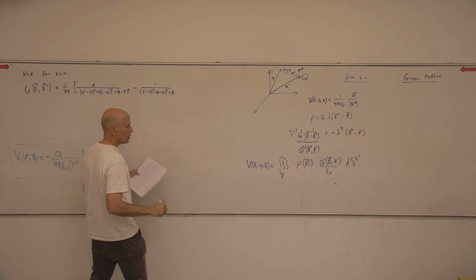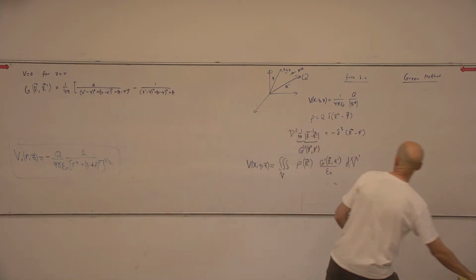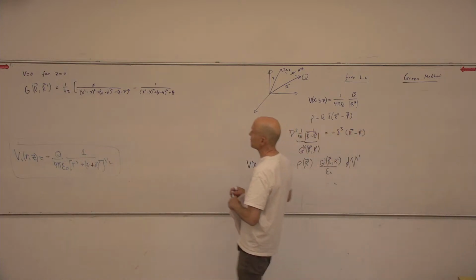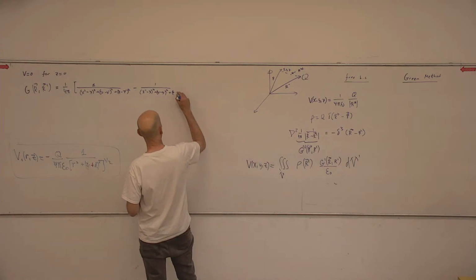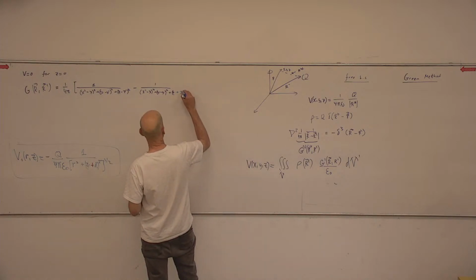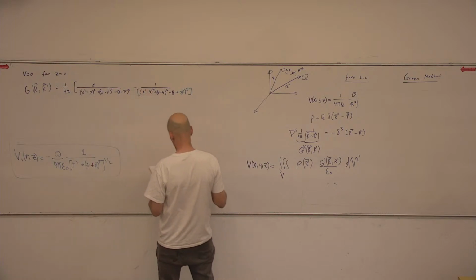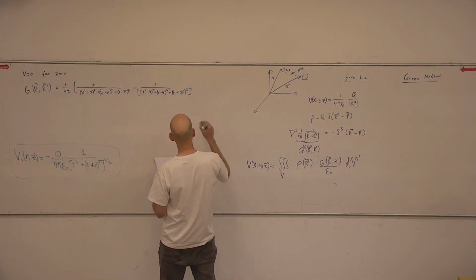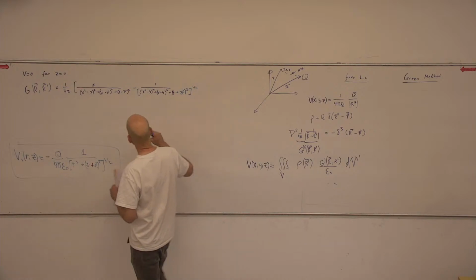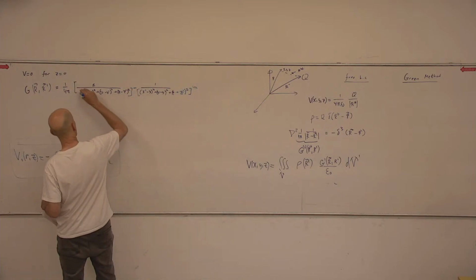And here is the one of the points. Here there is a plus z prime over square, and I need to take the square root here and the square root here.